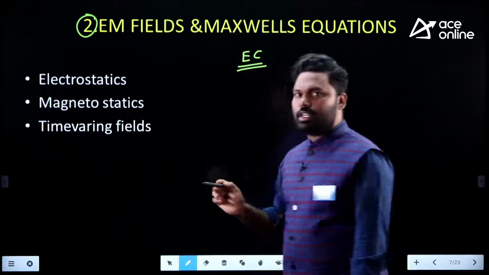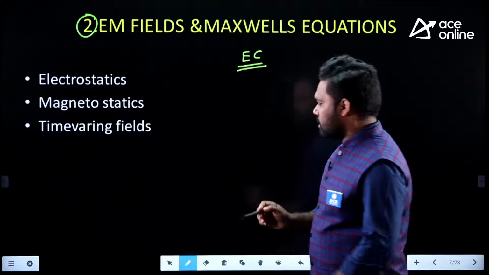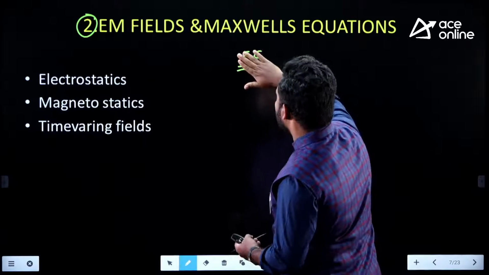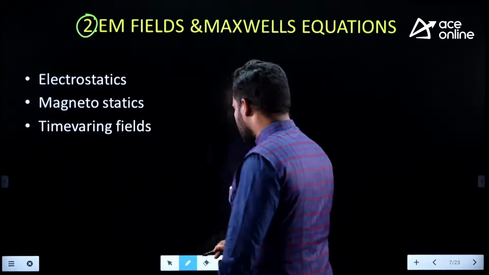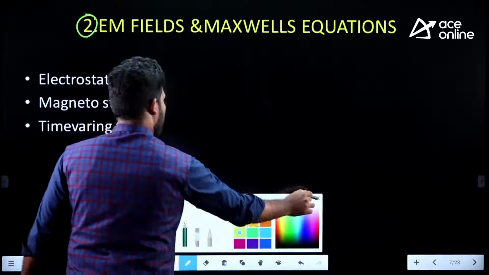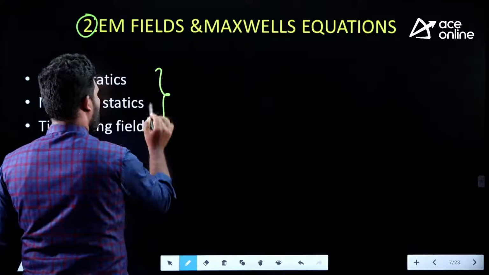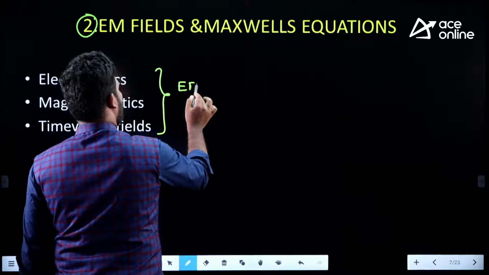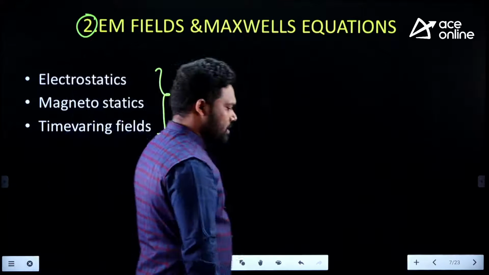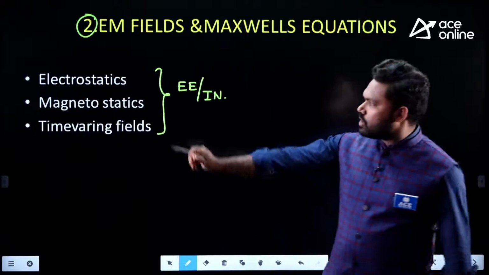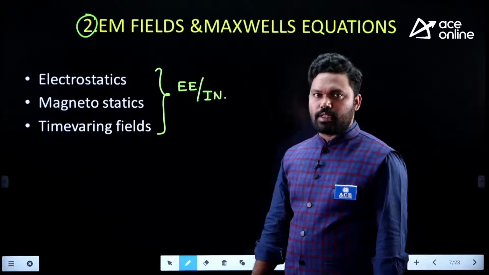For the EC students, your syllabus starts with Maxwell's equations. But this is a syllabus for electrical and instrumentation engineering students: electrostatics, magnetostatics, and then time varying fields.